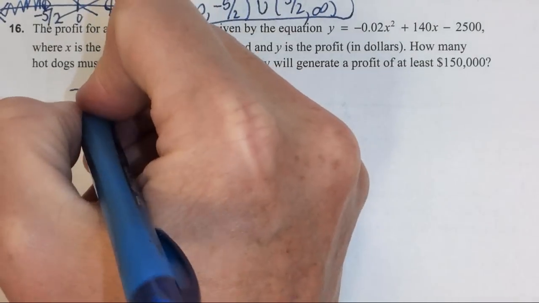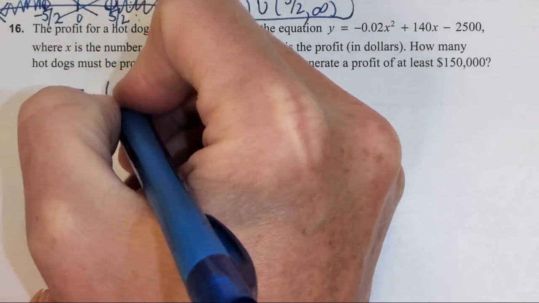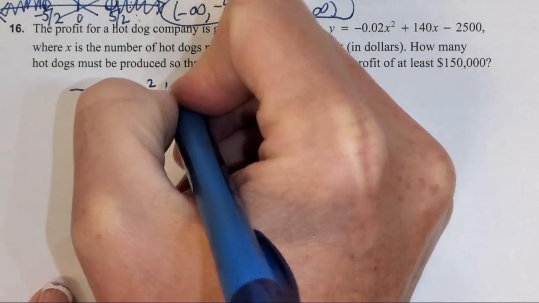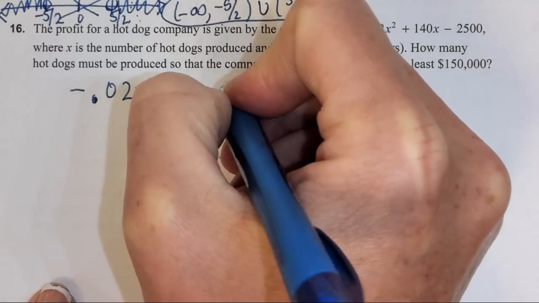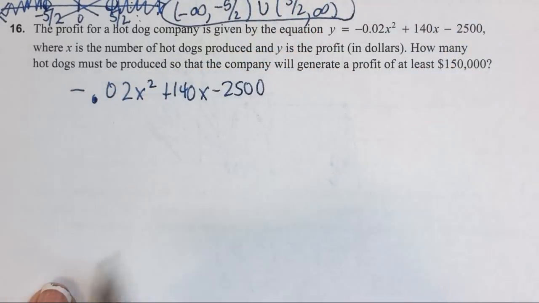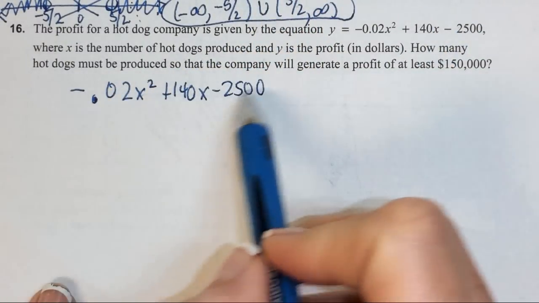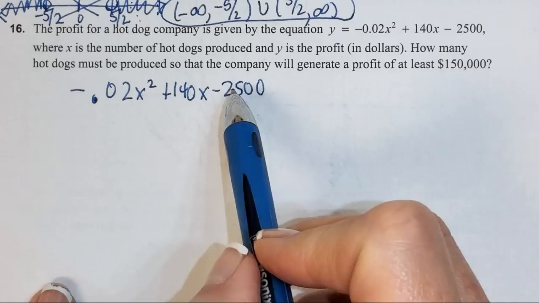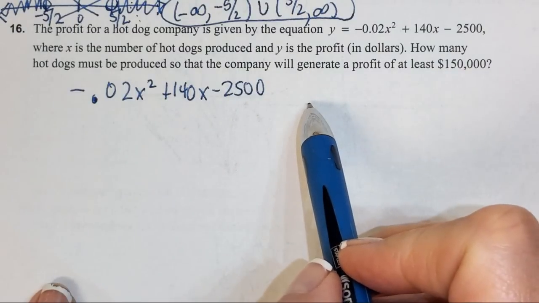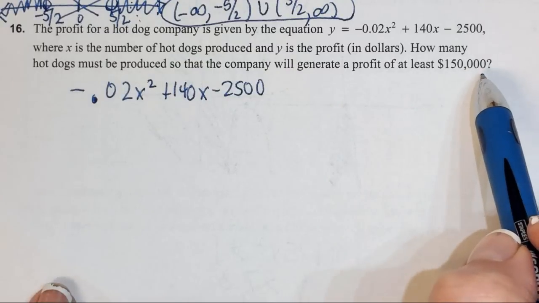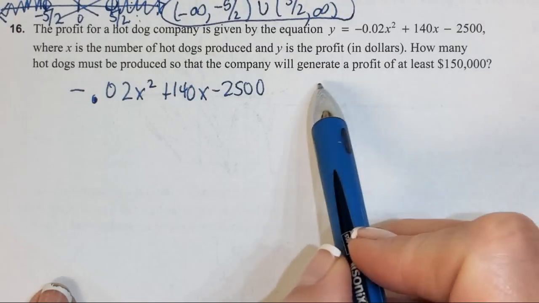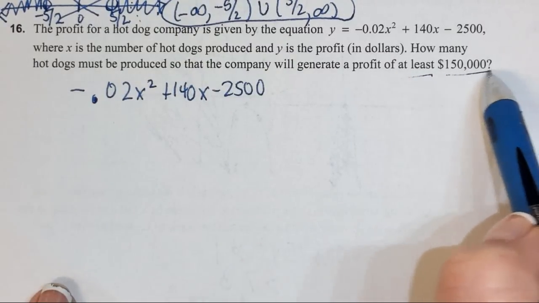Well, here's our profit function: -0.02x squared plus 140x minus 2,500.